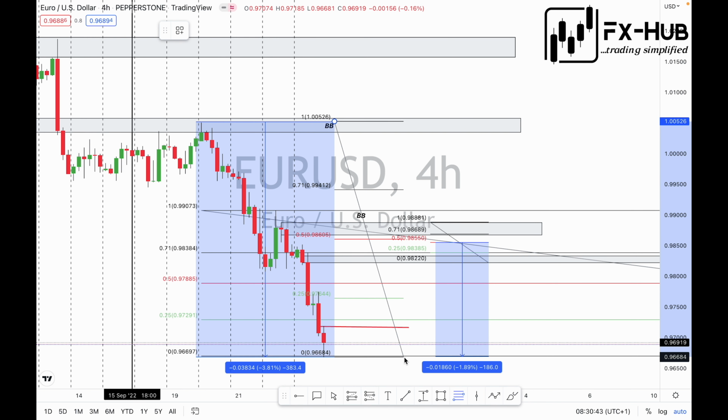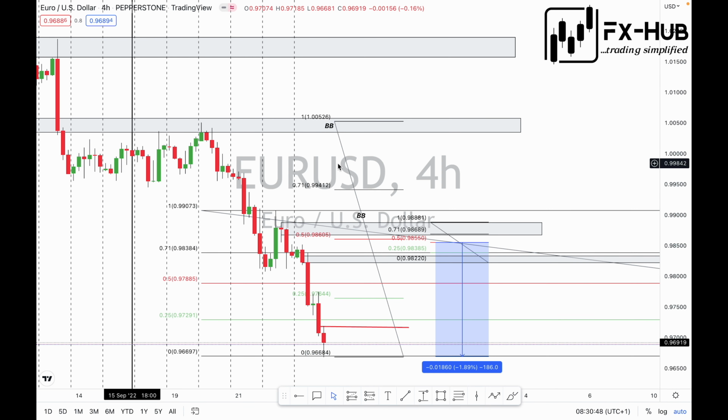The chart is almost getting messy. Sorry, let me take this out, I don't like messy charts.